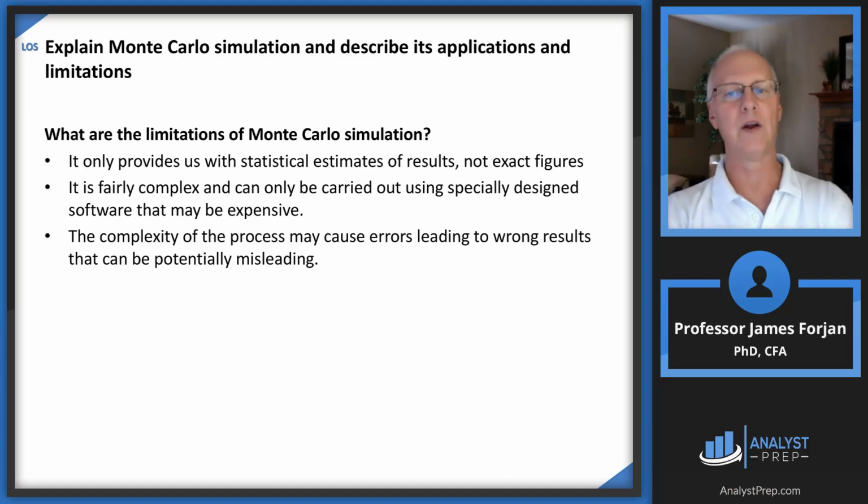Sooner or later, once you get up to 55%, you're going to get some results that don't have any economic meaning. So they can be potentially misleading results. When you're writing the algorithm, and of course you would never have to do this on the exam, but in explaining Monte Carlo simulation, you need to make sure that the analyst is careful in terms of the ranges over which each of those variables are changed.